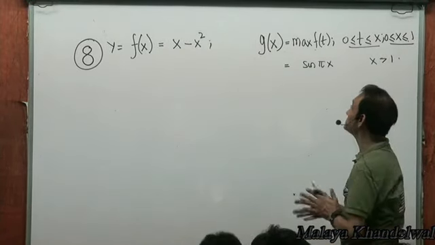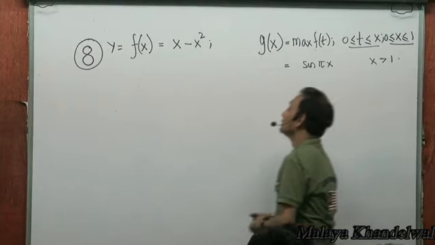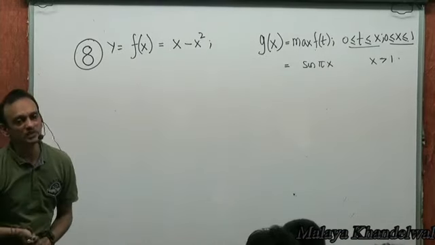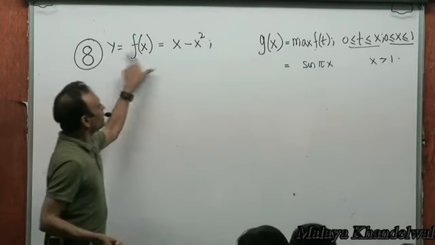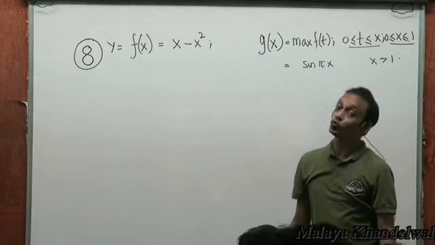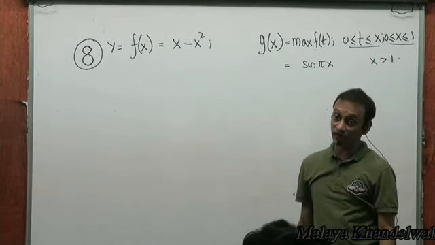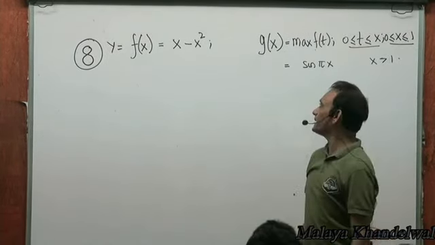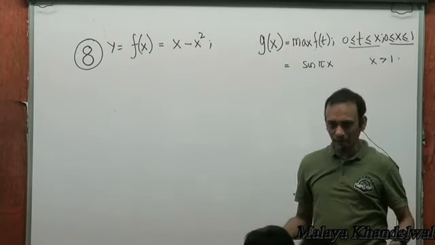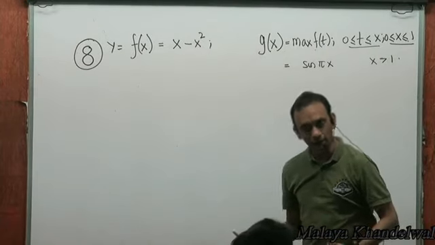That's a question, right? So the first thing, the mother function is fx, from which gx would have to be obtained. Y equal to x minus x squared is what? A downward opening parabola with roots 0 and 1, isn't it? Coefficient of x square is negative. Downward opening parabola with roots 0 and 1, right?